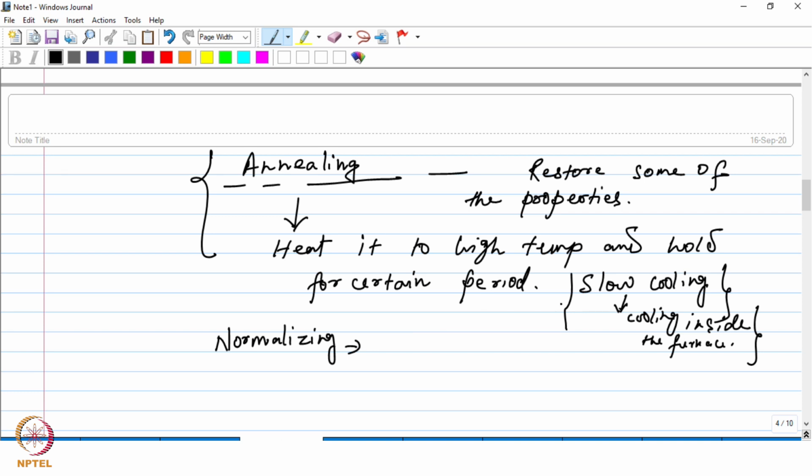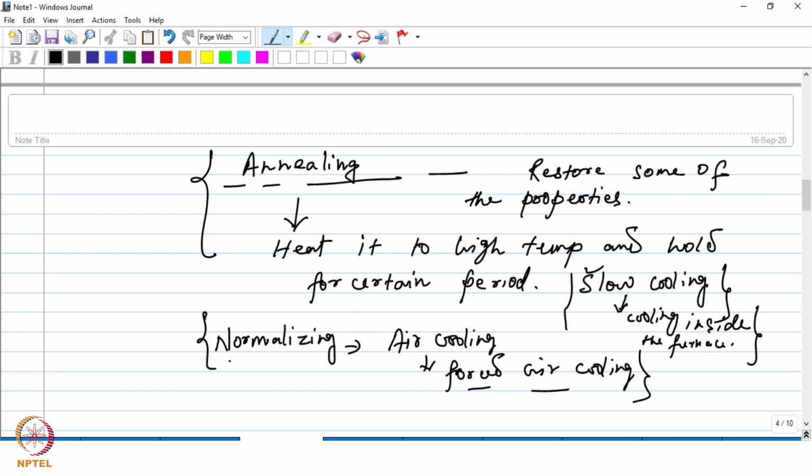On the other hand, if you want to increase the cooling rate, you can simply take it out from the furnace and do air cooling, either natural air cooling or forced air cooling. If you want to increase the cooling rate further, it can be done through forced air cooling also, right?